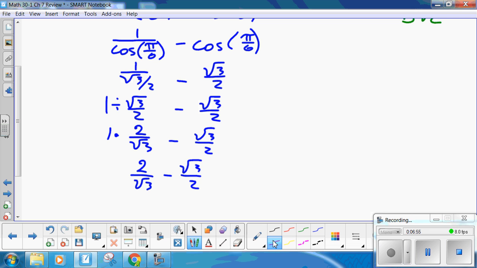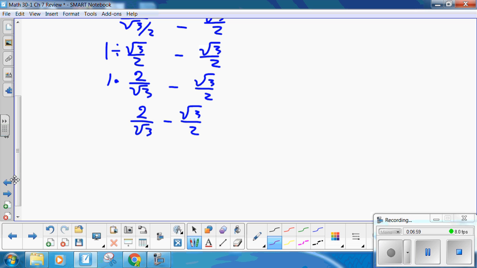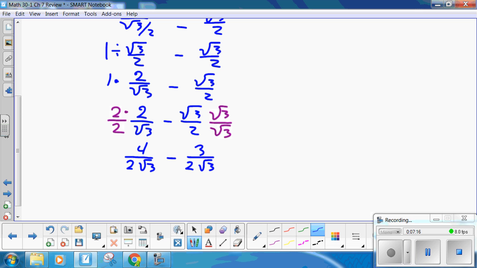What's the common denominator to root 3 and 2? Well, root 3 times 2. So this we multiply by 2 over 2. This we multiply by root 3 over root 3. 4 over 2 square root 3 minus 3 over 2 square root 3, or 1 over 2 square root 3. A, B, C, 1, 2, 3.